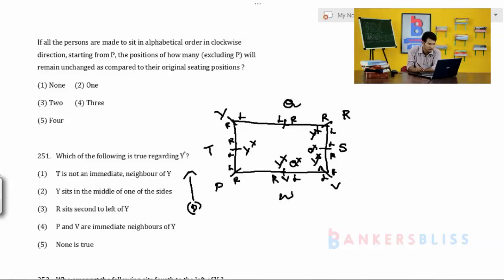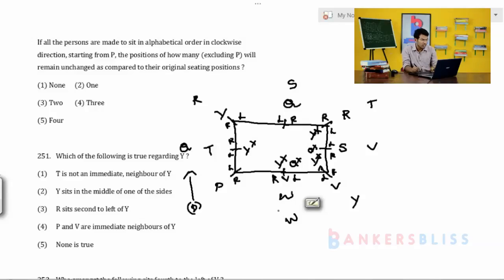After that, alphabetical order: Q should be here, next R, then S, then T. What comes next? P, Q, R, S, T. Next, V, Y, and W. P, Q, R, S, T, V, Y, and W.